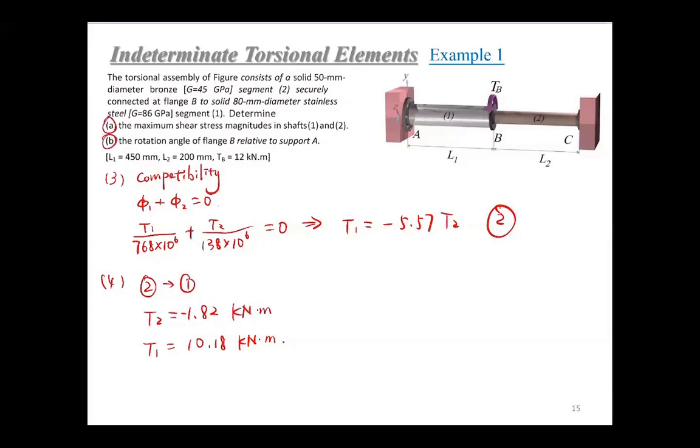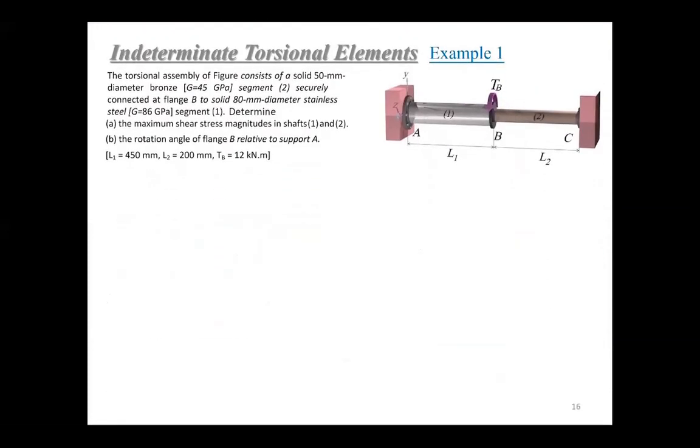Question A is just to calculate tau 1 max. That would be just T1 C1 over J1, right? But here, this T1 is 10.18 kilonewton meter. Okay, we need Newton millimeter, right? Times 10 to the 6 Newton millimeter.